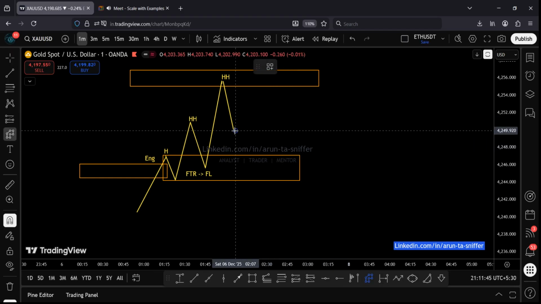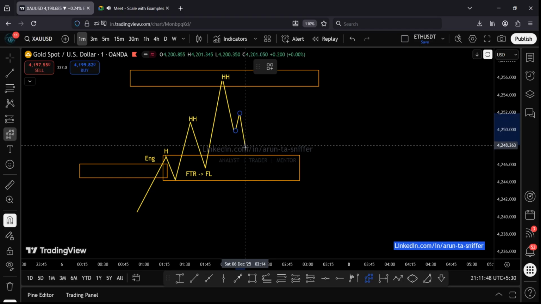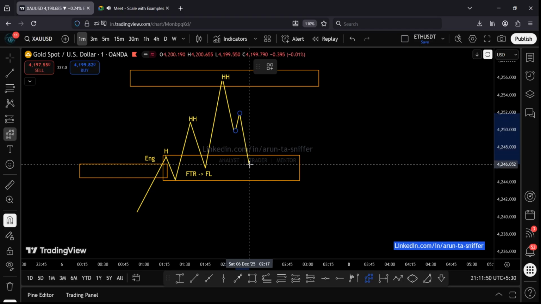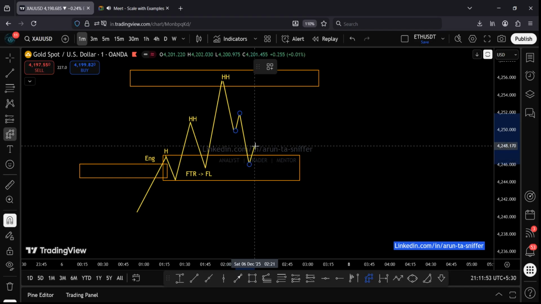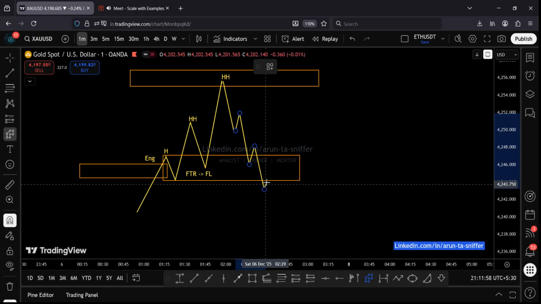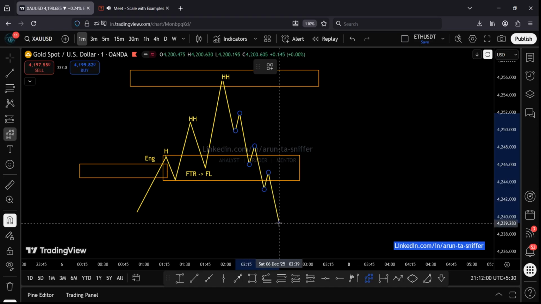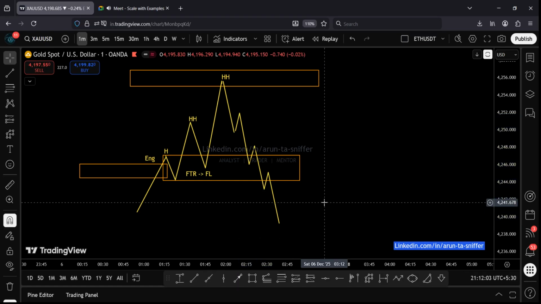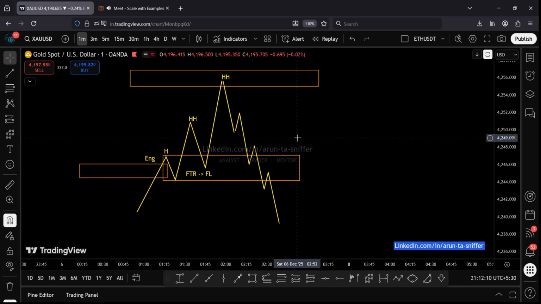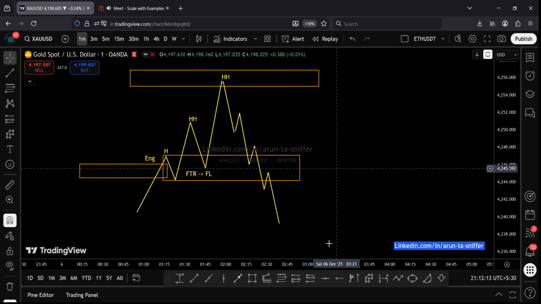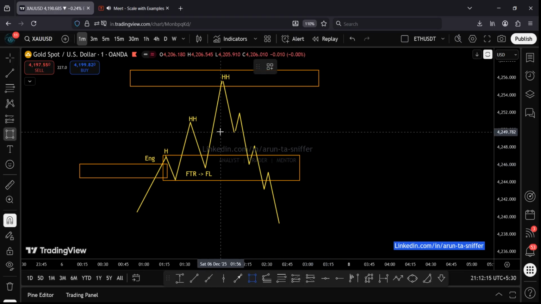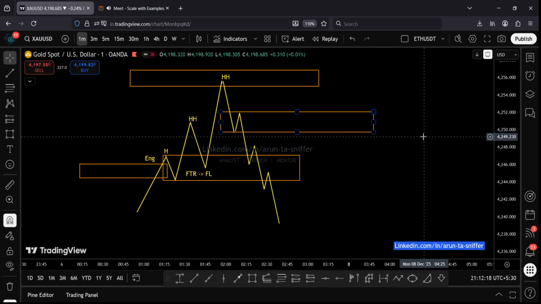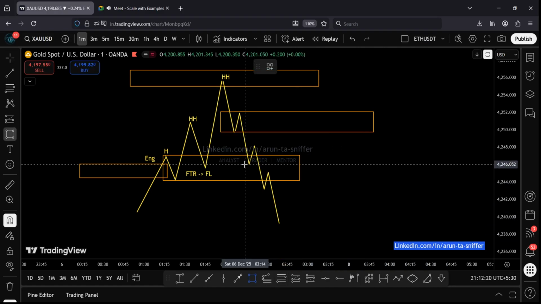When price comes back, this creates an LSK, reacts to this zone, pulls back a bit, another LSK, then comes down and pulls back and then comes down. So this is how the price moves. We know, right? This is our QML level or LSK. This is another QML level and another LSK.